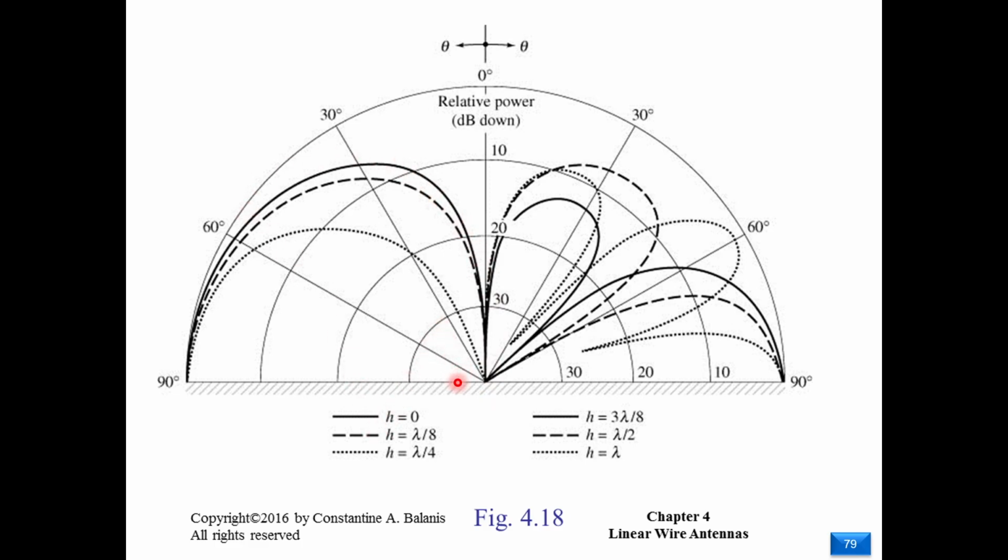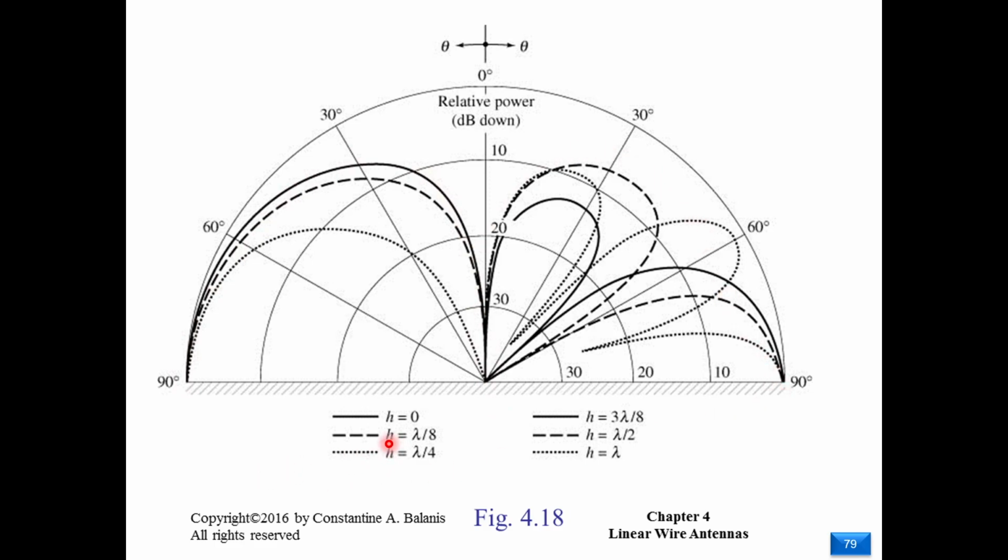So here we have a dipole antenna with h equals 0. That would give us this pattern. If we are to draw the whole pattern, we'll have another arc like this on the other side.